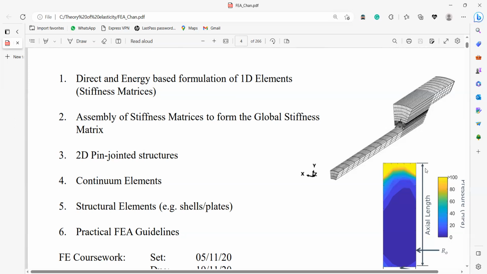So what you see here is a pressure in the along the axial length. So along the axial length, the pressure is higher only here, and gradually it is decreasing.